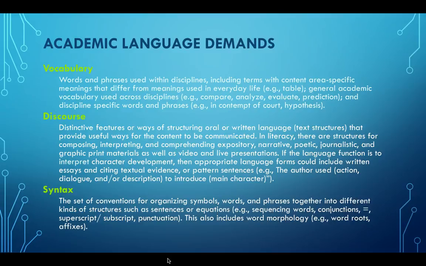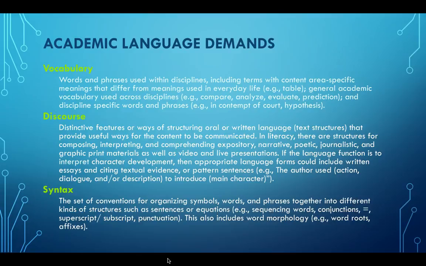So let's begin by talking about vocabulary. Vocabulary refers to words and phrases within the disciplines, as well as terms within contents that have content area specific meanings that differ from meanings used in everyday life. So for example, the word table is something that you may have in your kitchen or in a classroom, but it's also a very specific text structure in disciplines like math and science.